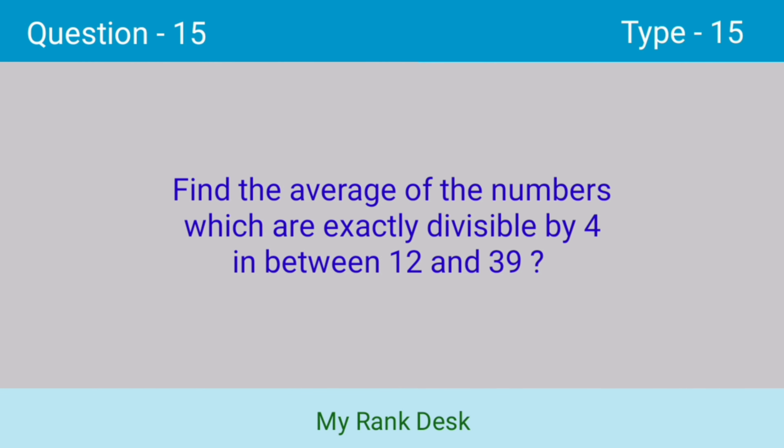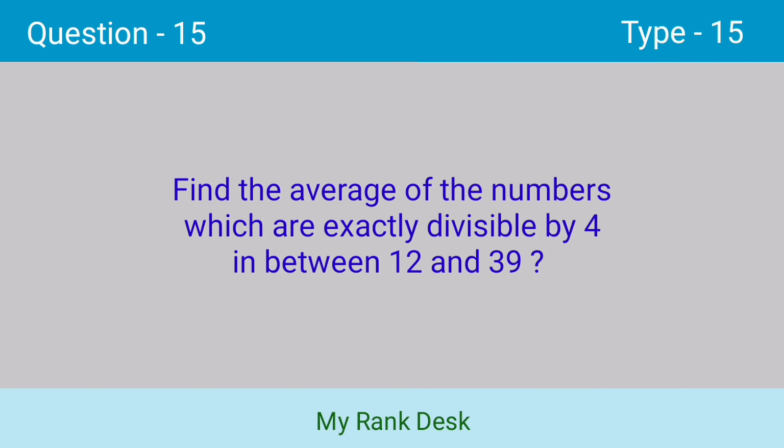Find the average of the numbers which are exactly divisible by 4 in between 12 and 39. Let's see how we can find the answer. Write the numbers in between 12 and 39 which are exactly divisible by 4.